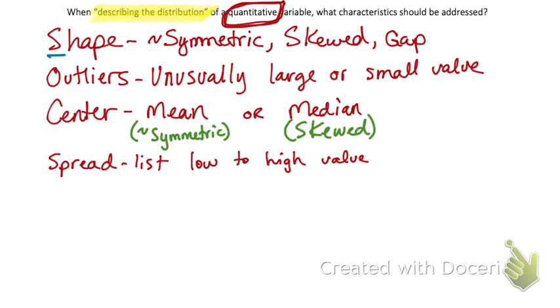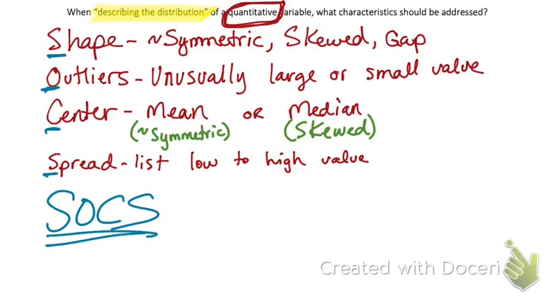Shape, outliers, center, spread. You're going to bring your socks to AP Statistics. SOCS stands for shape, outlier, center, spread. What does SOCS stand for? Shape, outlier, center, spread. Let's go. Very good.